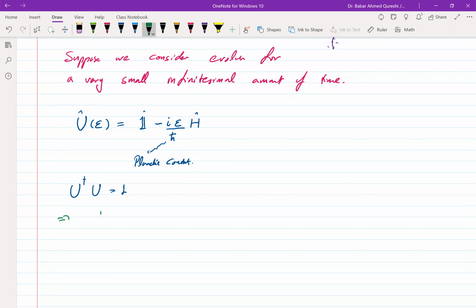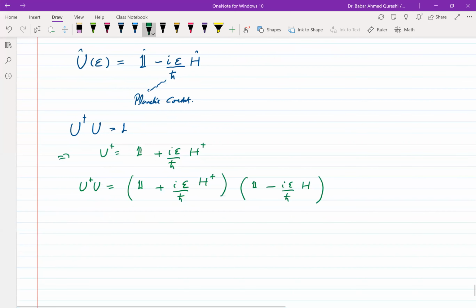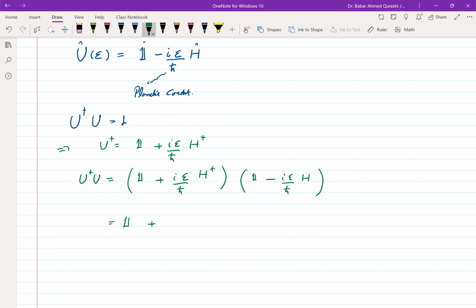This implies U dagger is 1 plus iota epsilon over h bar H dagger, and U dagger U has 1 plus iota minus iota plus higher order terms, which I'm neglecting to this order.